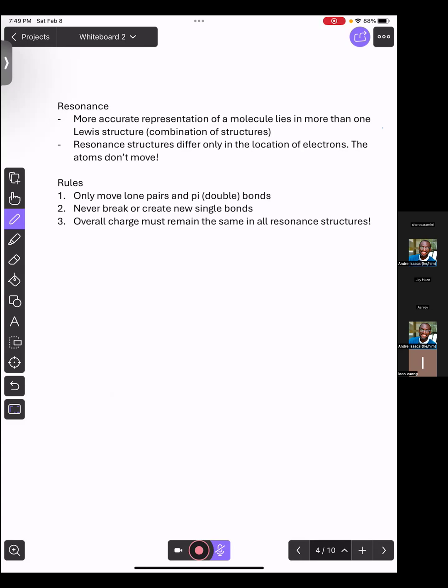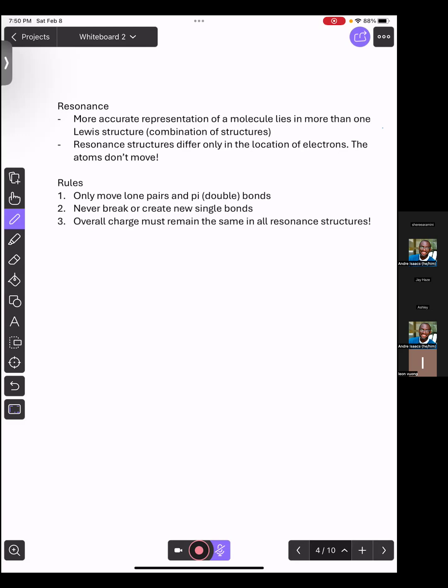That would be too much. And so having an appreciation of that will allow us to show how electrons can move. So really, there's some 3 rules I like to tell people when they think about how to derive a resonance structure from an already given structure. And that is this: you should really only move lone pairs and pi bonds.